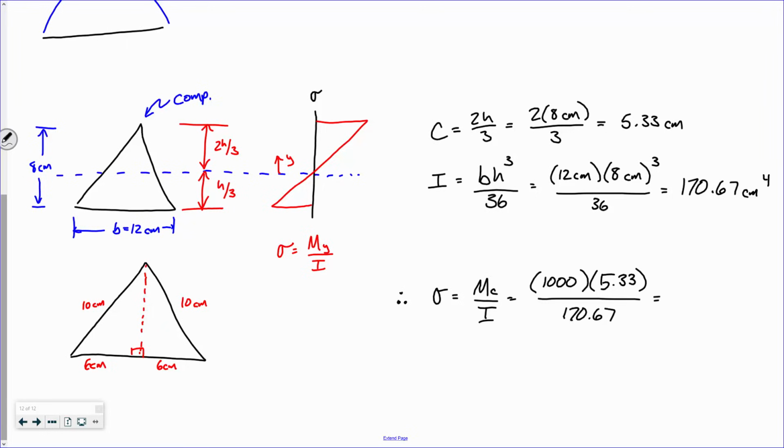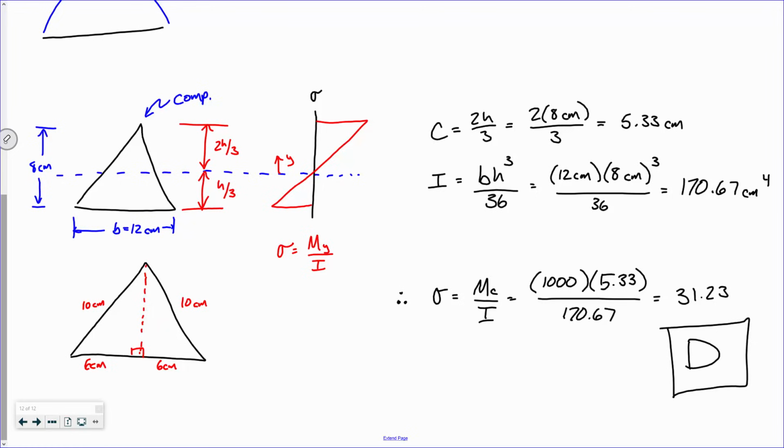Well, I am, but let's see what it comes out to be. What's the number? How in the heck did that work out? We can carry all the units out.